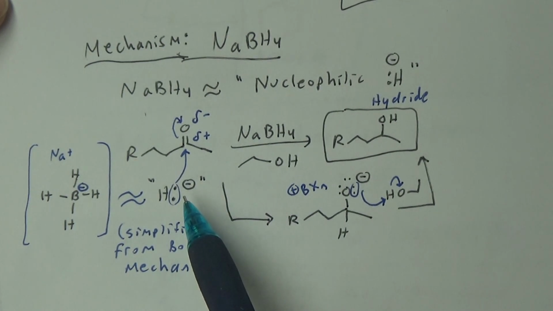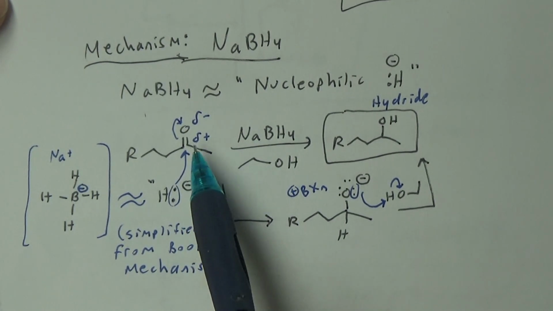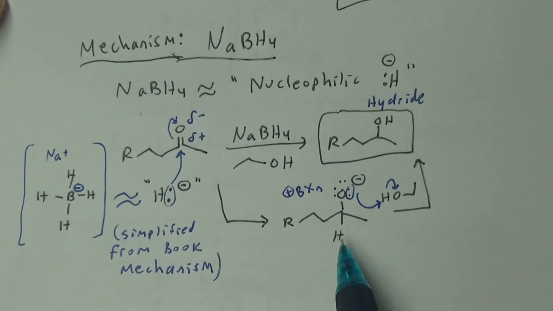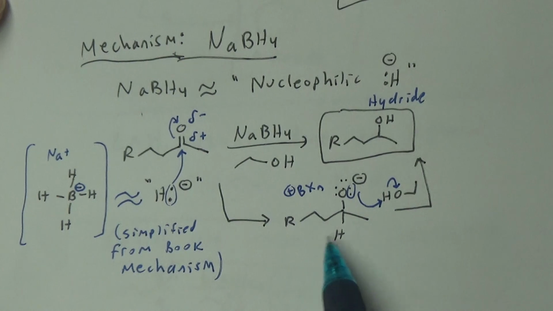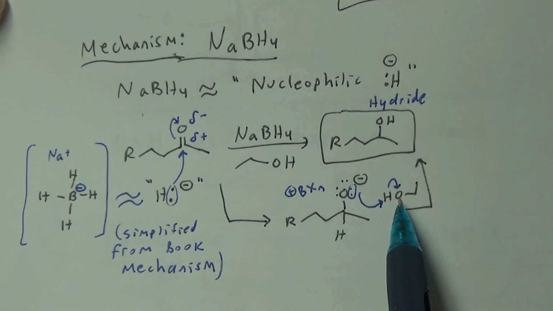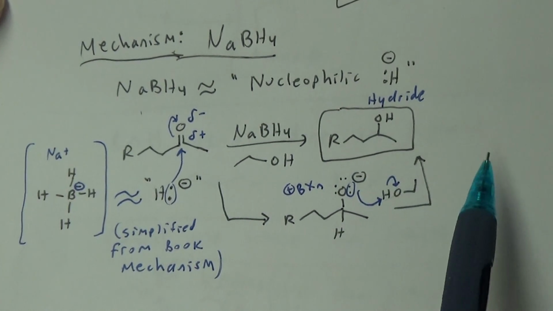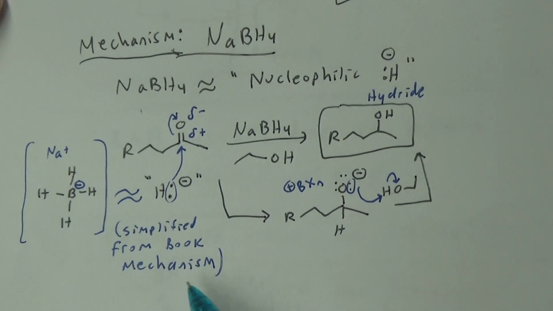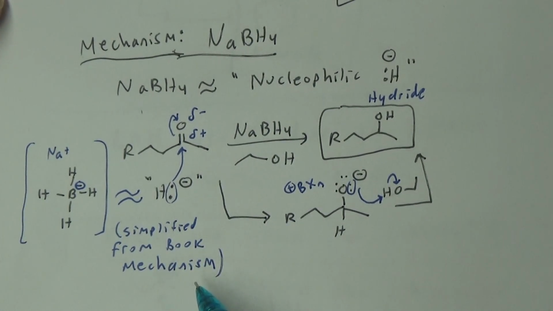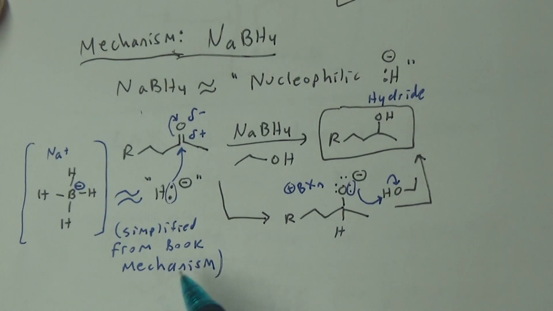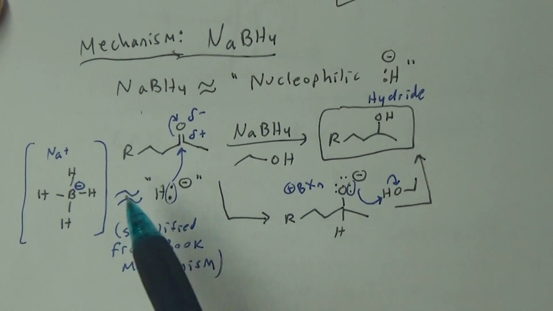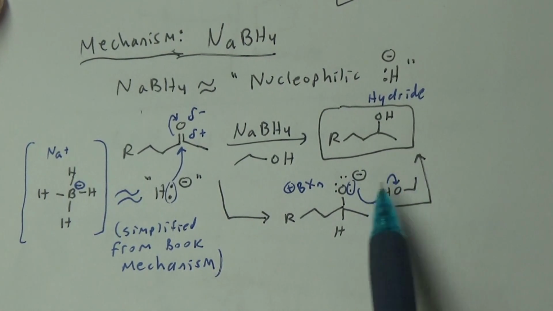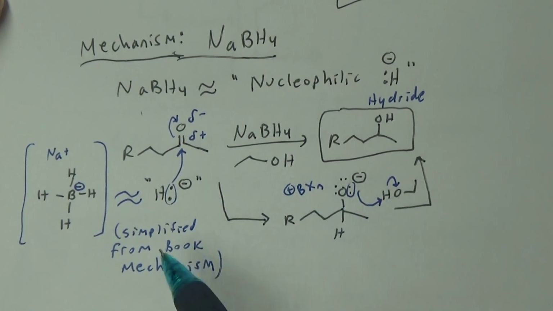As a nucleophile, H- attacks the delta plus, pushes electrons up, and then you get a temporary O- intermediate, and then it gets a proton from ethanol. Okay, so this is all from last time. The book presents a slightly different mechanism. This is probably less correct than the book, but it's also really easy, and for the purpose of understanding this reaction, this is totally fine.